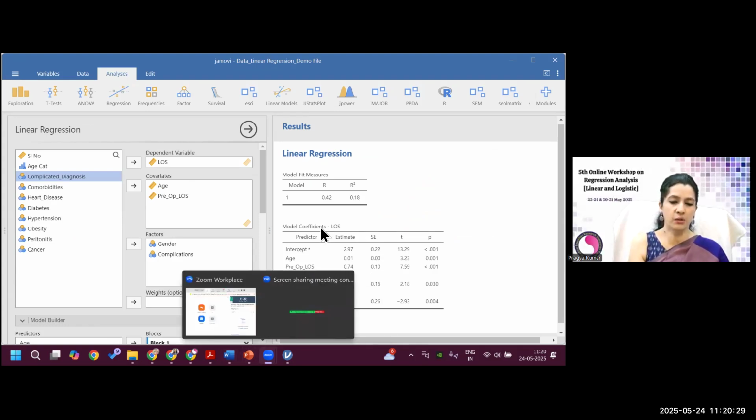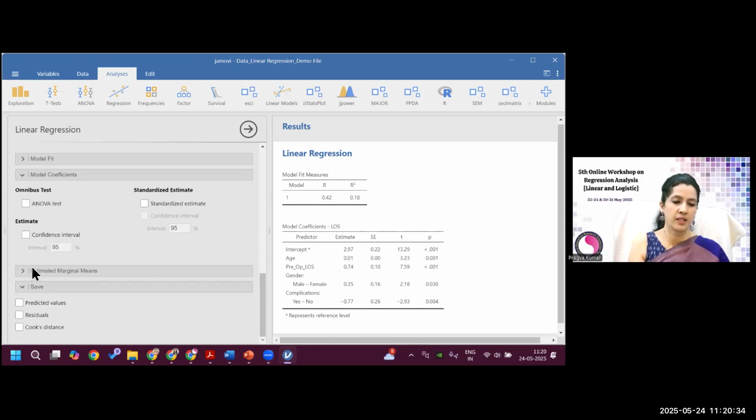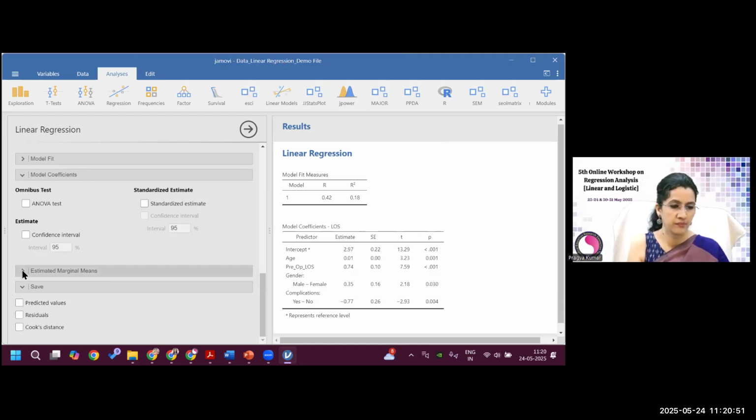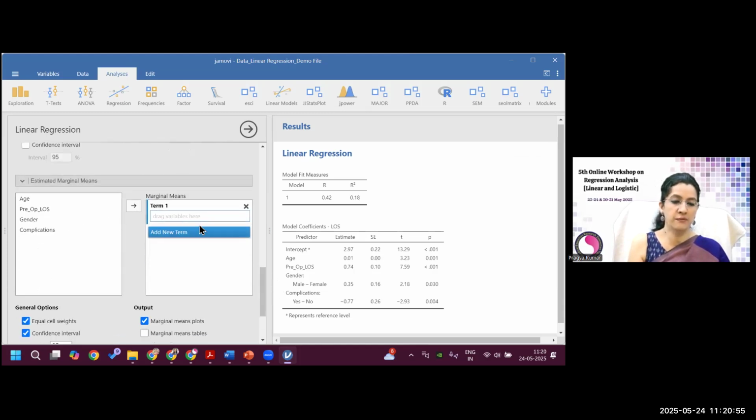Now, coming to another concept, if you see here there is an option of estimated marginal mean. And we are going to see what this estimated marginal mean is. I have not explained up till this time what it is. If you click this, you can see that it asks which marginal means you want.